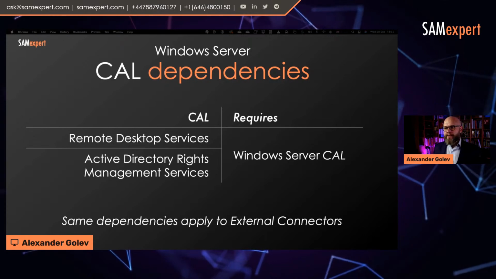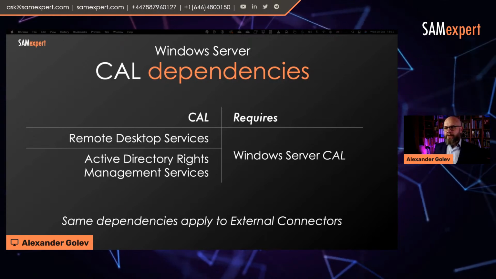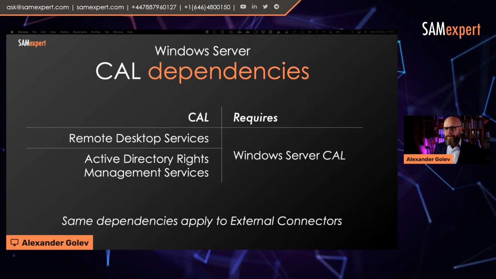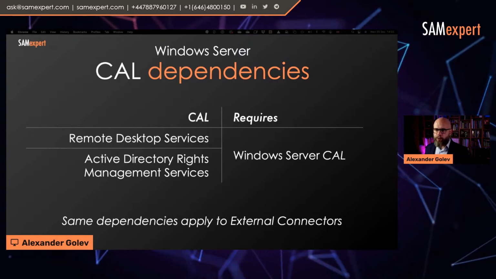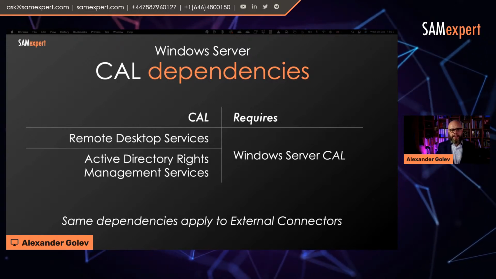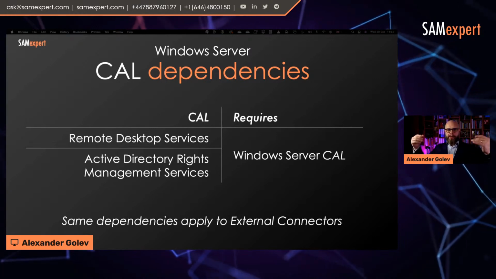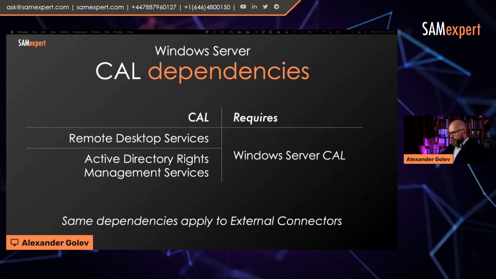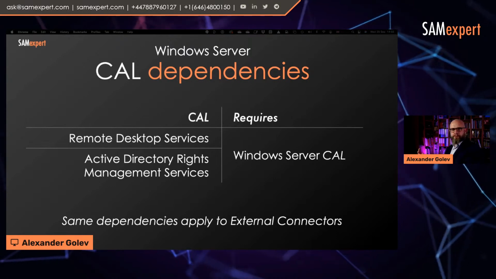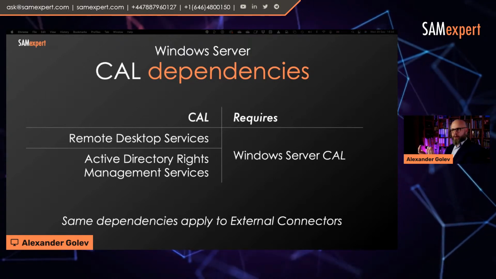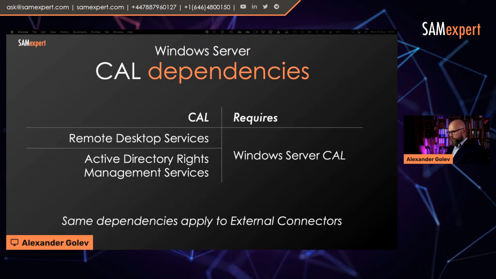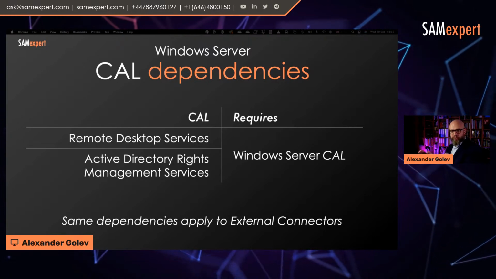So there are some client access dependencies. For example, what is a Remote Desktop Services client access license? It allows you to connect to the server remotely and have a graphical desktop on it, so you may install Office on the server. Citrix is a good example.